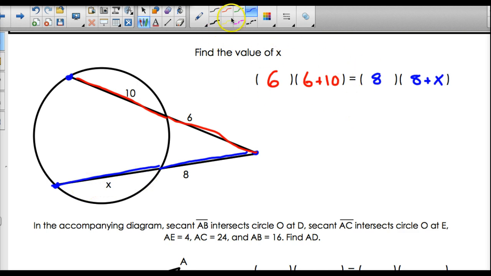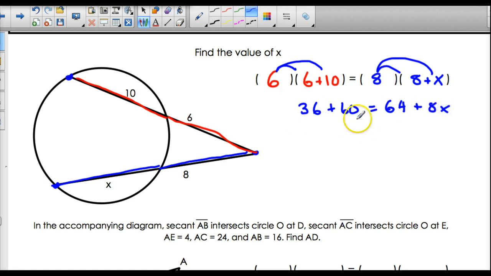Well, now we just have to solve, and we do that by distributing. 6 times 6 is 36 plus 60. And on this side, we're going to also distribute 64 plus 8x. Well, I can add these together. I get 96 is equal to 64 plus 8x.